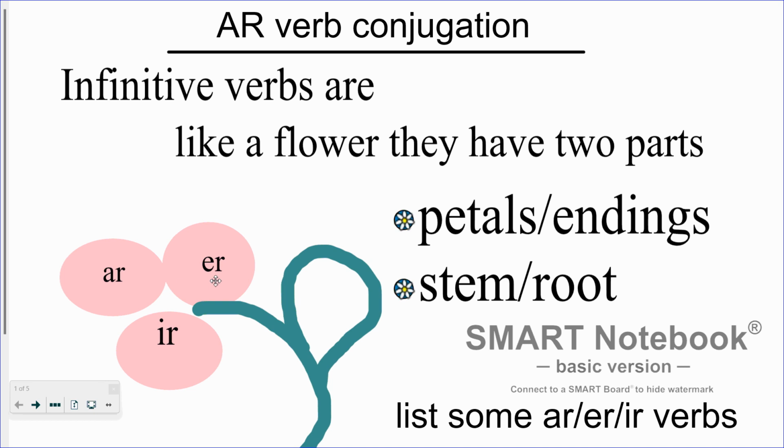ER verbs, ver, like in ver la tele, or comer. And IR verbs would include escribir, or ir by itself is a verb, like ir a la escuela, or vivir, to live. So all these different endings are used to create the verbs in Spanish.